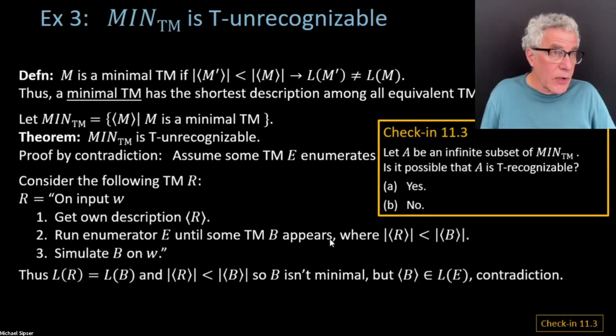All that R needs to do is wait until one that's bigger than R appears, which will certainly happen eventually if the subset is infinite. And then R simulates that bigger machine and acts the same way, thereby proving it could not be minimal. So it's exactly the same proof, and it shows that the answer here is no.